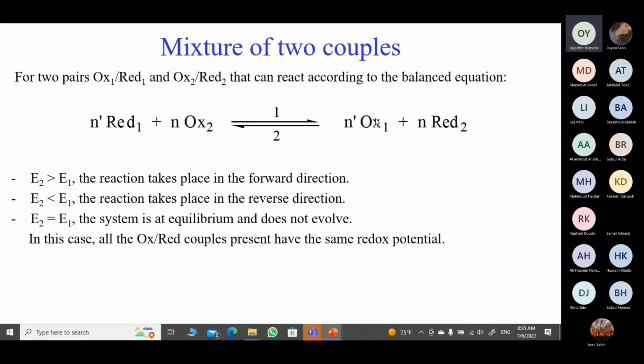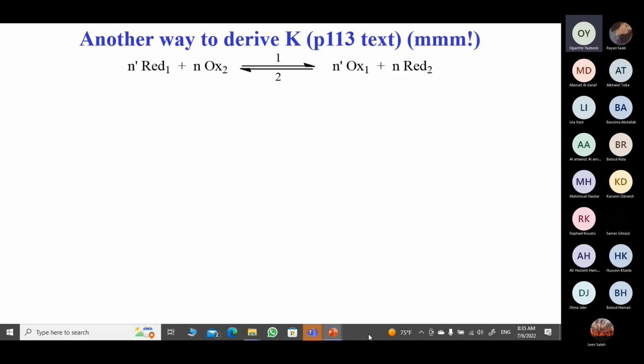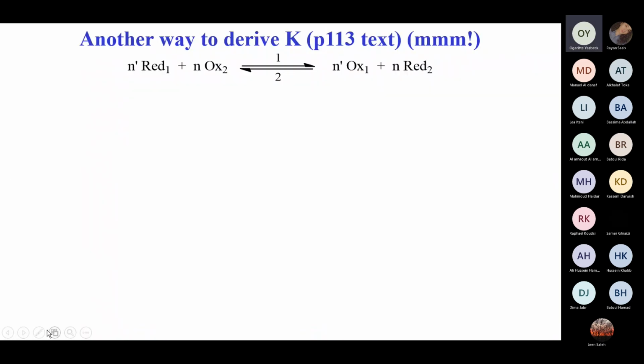If the E1, and I'm saying E1 refers to the oxidant, guys. I don't look at the reductant because I look at it from the reduction side. And these are reduction potentials.